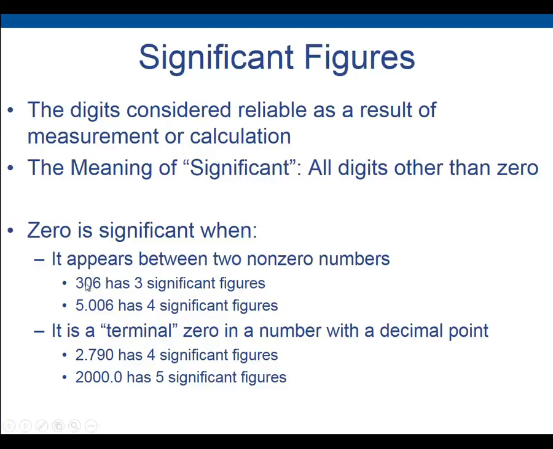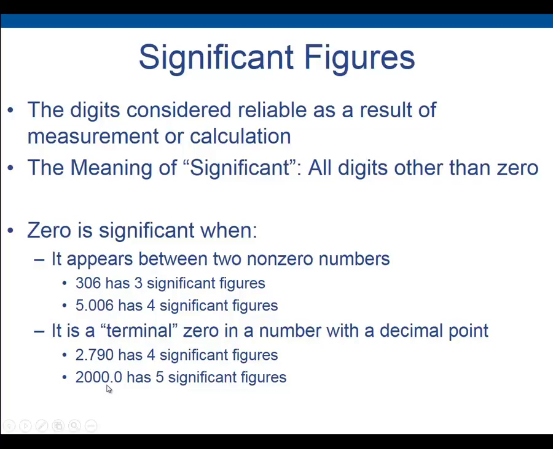So in this case, 0 is considered a significant number. 5.006 has 4 significant figures. And also, if it is a terminal 0 in a number with a decimal point, in this case the significant figures are 4, not 3. So 0 is considered significant because it is the final digit.